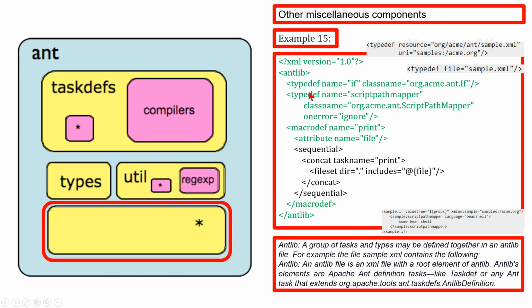For example, assuming that sample.xml is in a jar file, sample.jar, also containing the classes, the following build fragment will define the script, path and mapper tasks and types and place them in the namespace URI samples:/acme.org.